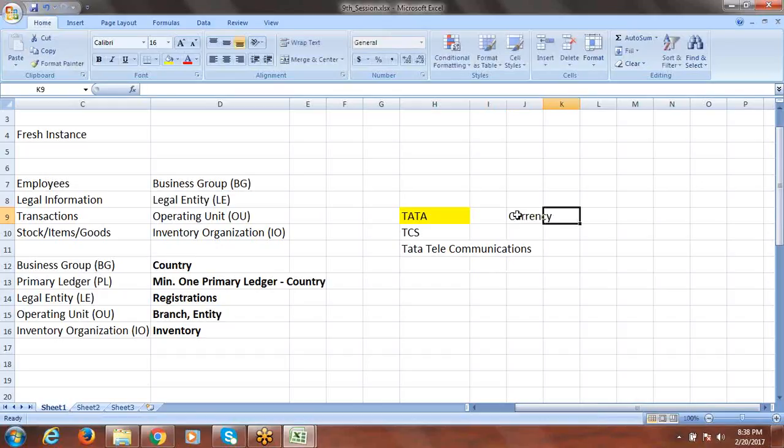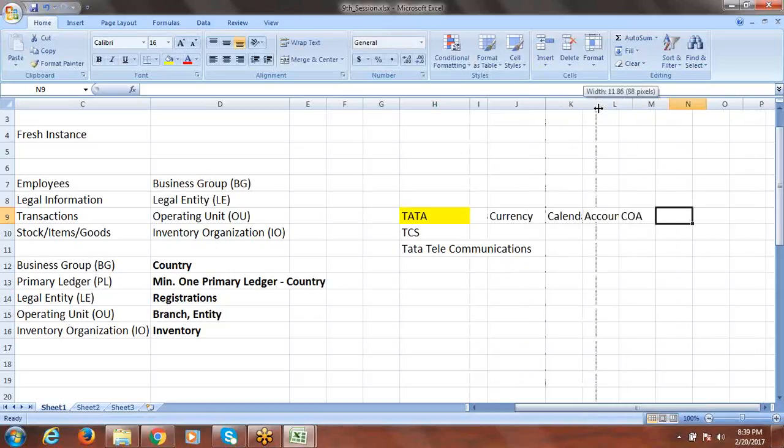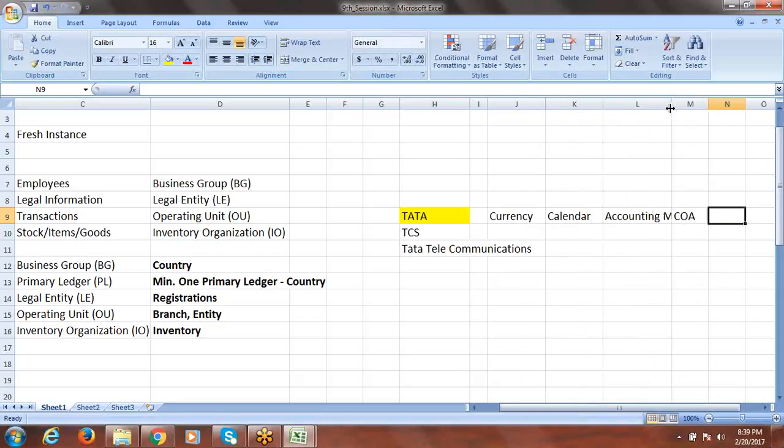So to create the primary ledger, we need currency, calendar, chart of accounts, say accounting method, and COA. If you take this simple example, we have a company called Tata Group.